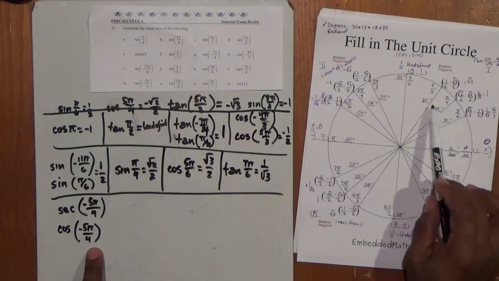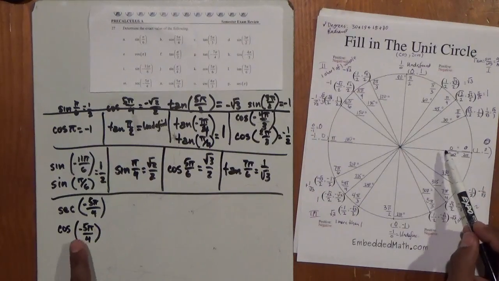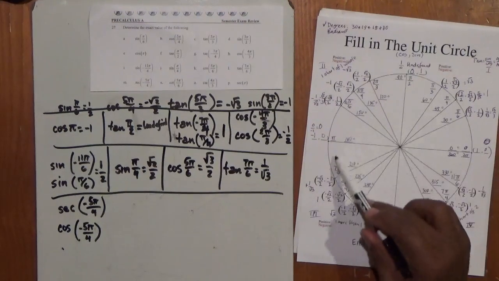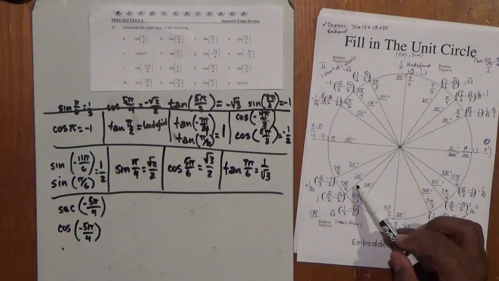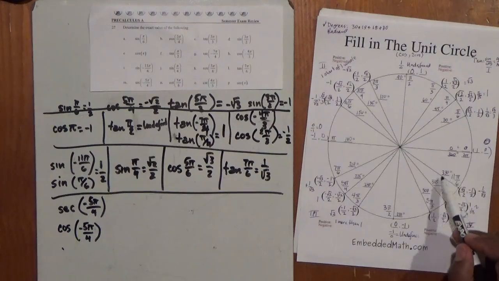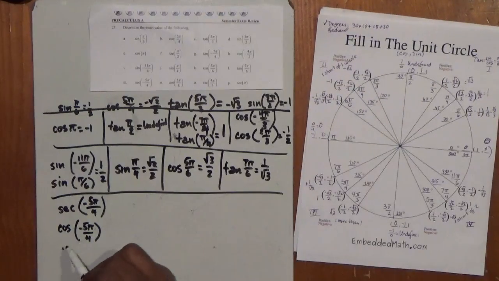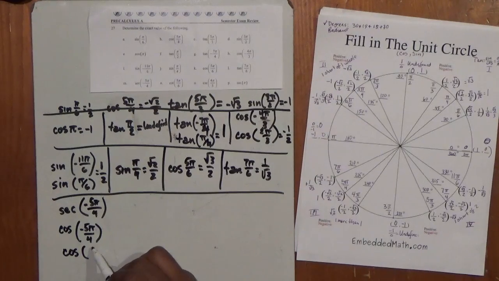First of all, it's negative, so we have to work this backwards. 5 pi over 4 would be at 225, but we have -5 pi over 4, so we go 225 degrees this way. This is the same as 3 pi over 4.